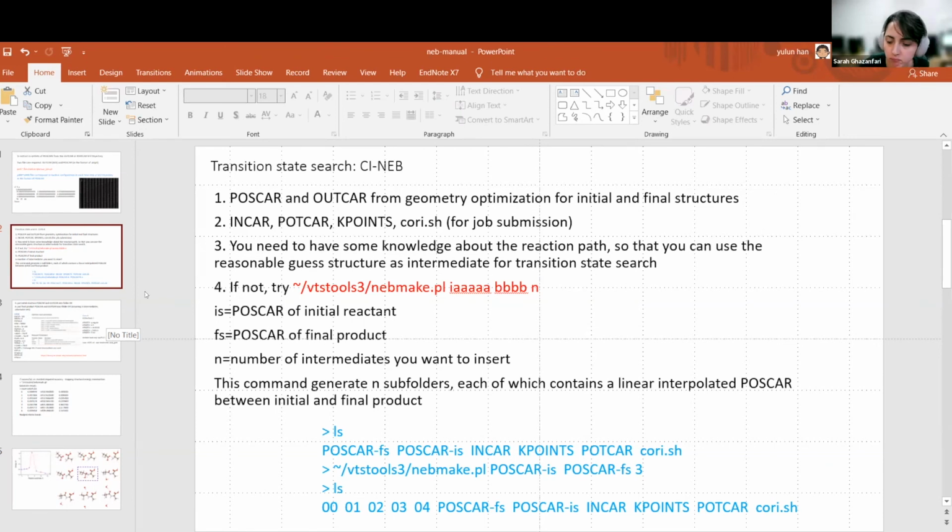I guess if you have some solid knowledge about your reaction pathways, then you can increase your number of intermediates. Otherwise, you artificially fix your reaction pathways by providing too many intermediates, which is not good. So I guess there is a balance between accuracy and efficiency.